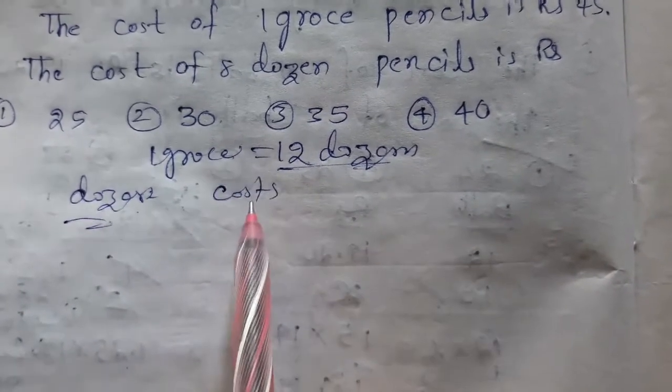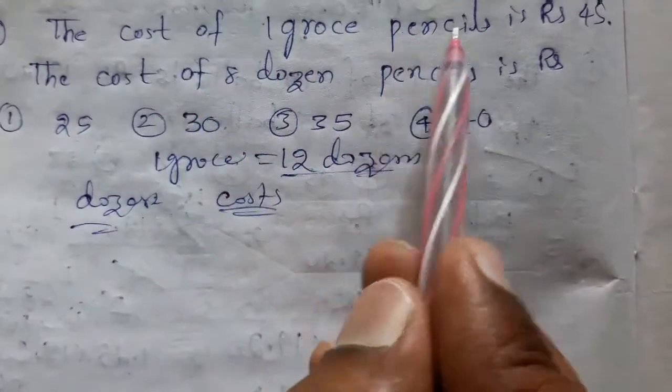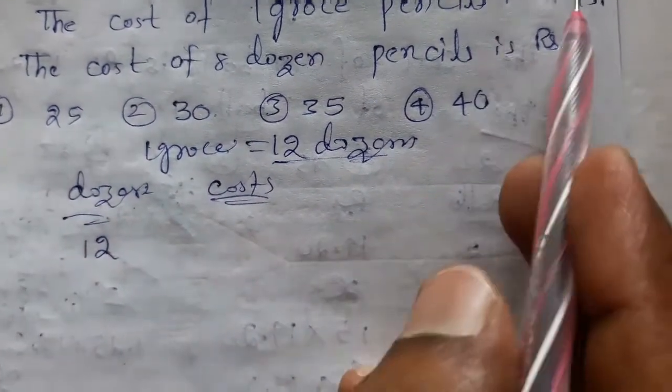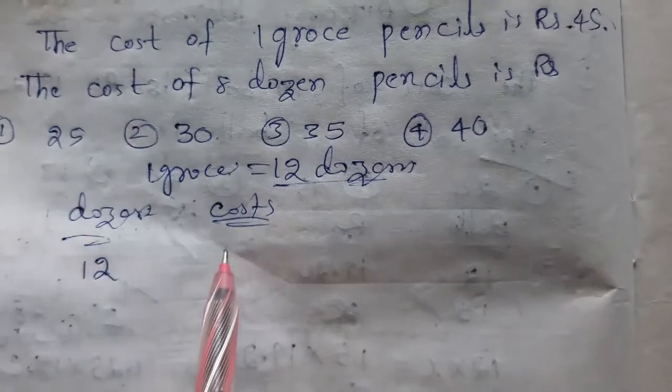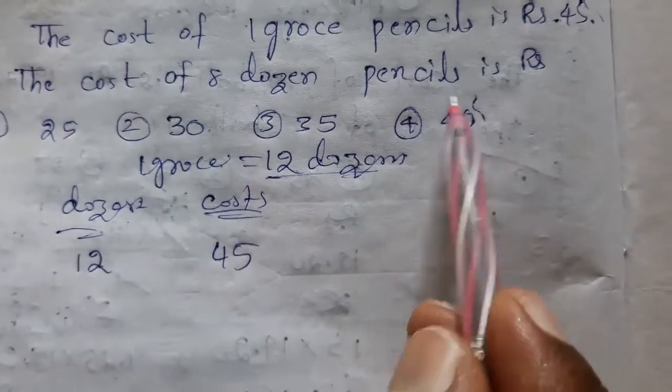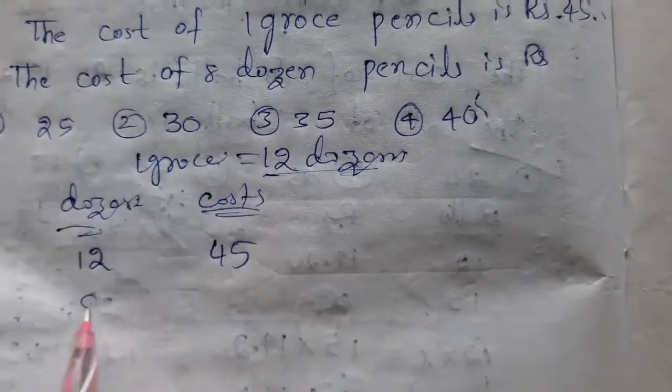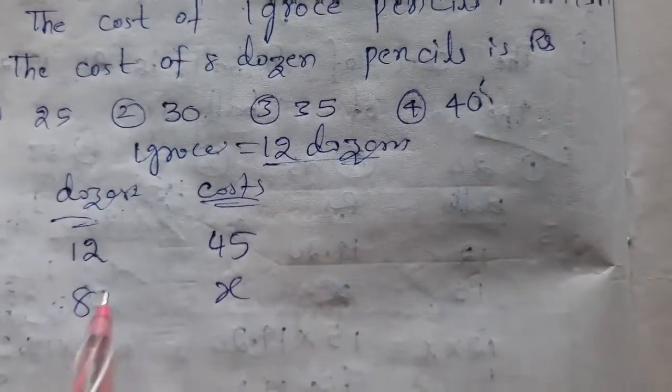Cost means amount is given. So cost of one gross means one gross is equal to how many dozens? 12 dozens. Cost of 12 dozens is how much? 45 rupees. Now what are they asking? Cost of 8 dozen. So we don't know how much cost.